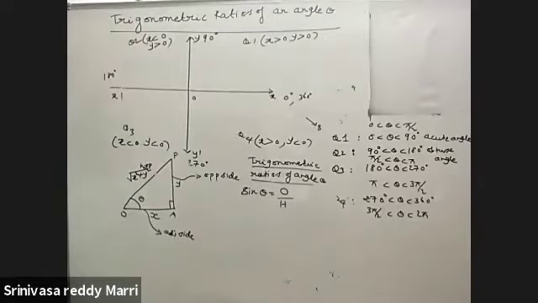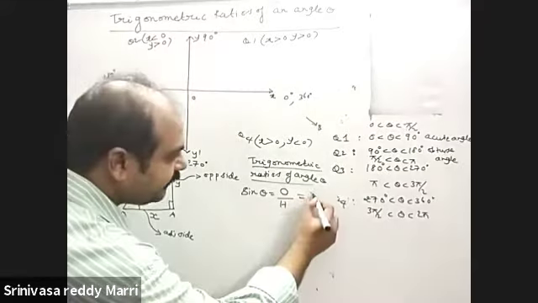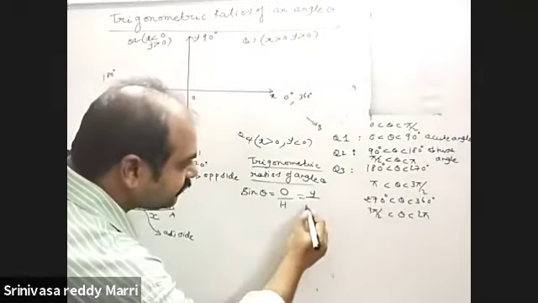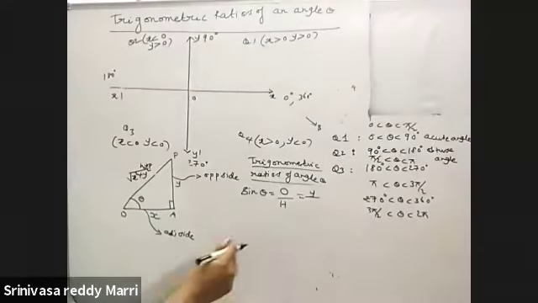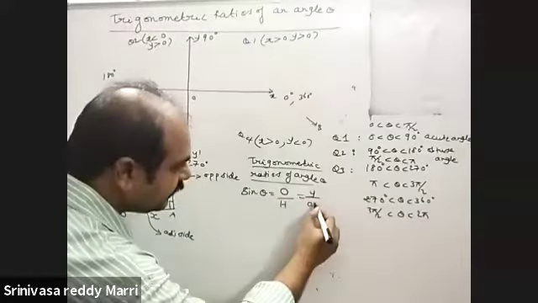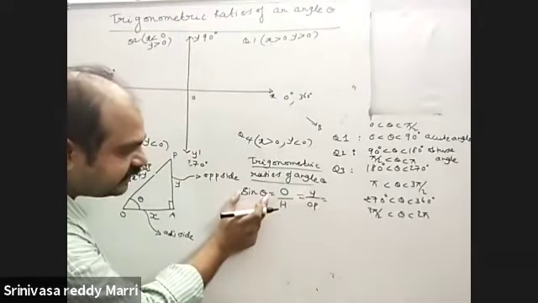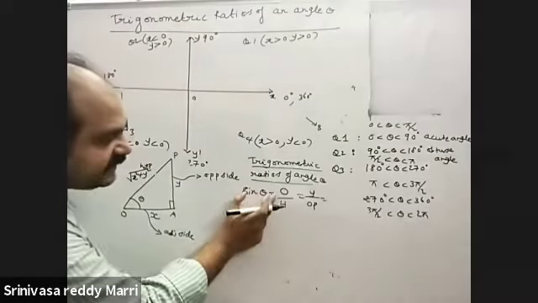Opposite side divided by hypotenuse. Opposite side means y divided by this OP length. This ratio is called sine theta.